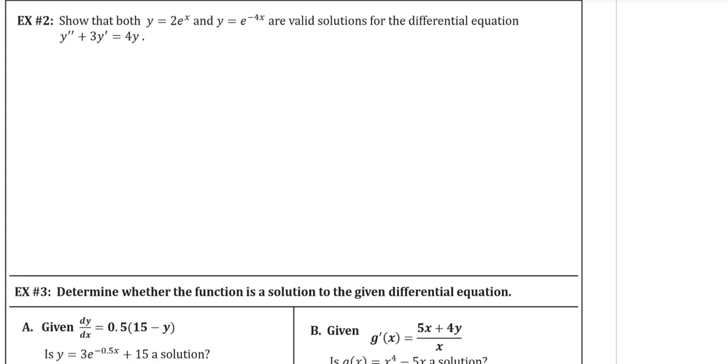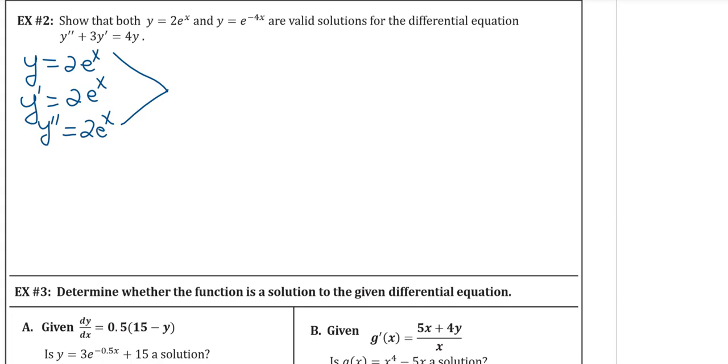Using our first equation, y = 2e^x, we find y prime, which is 2e^x, and y double prime, which is also 2e^x. Putting those into the equation, y double prime, so 2e^x, plus 3 times y prime, which is again 2e^x. We want to know, is that equal to 4 times y, which is 2e^x?